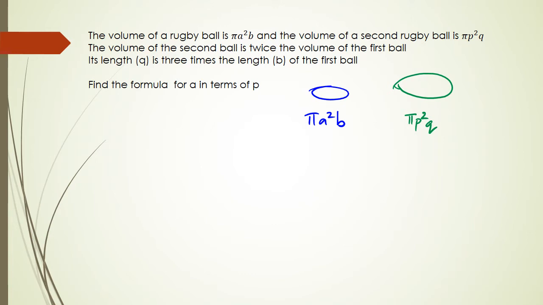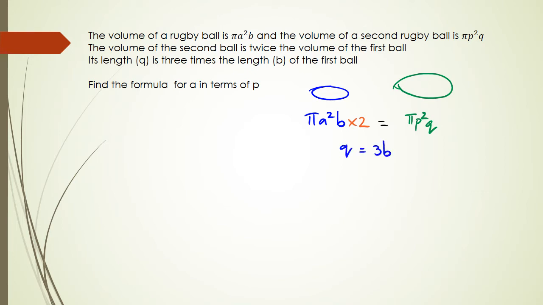So what we can say is the first ball multiplied by 2 is equal to the volume of the second ball. Okay. Now, if you look at the third line, it says its length q is 3 times the length b of the first ball. So what we can then say is that q equals 3 times b.